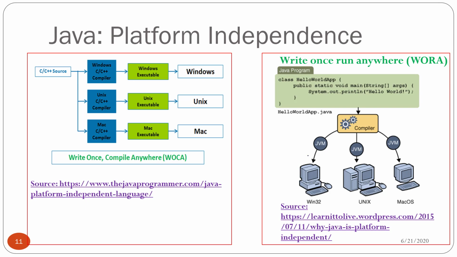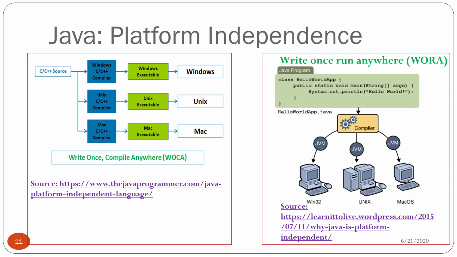So the JVM running on a Windows machine will take the bytecode and convert it to executables which are Windows compatible. Similarly, the JVM running on Unix will interpret, right? So after compilation, the JVM does the interpretation. Interpreters are similar to compilers, but they work slightly differently.